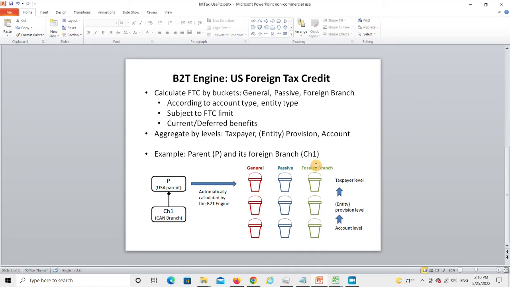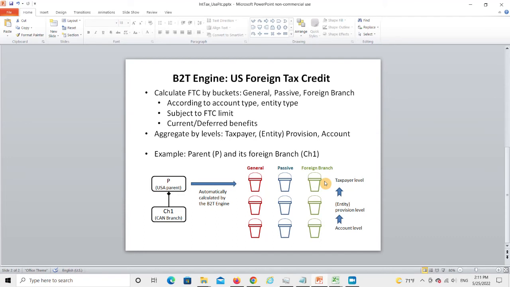And those income and foreign tax items are being aggregated first at the account level, then aggregated into each entity's provision level, and finally reaching the taxpayer level. The taxpayer in this case is P, as we wanted to calculate its tax effects for USA.